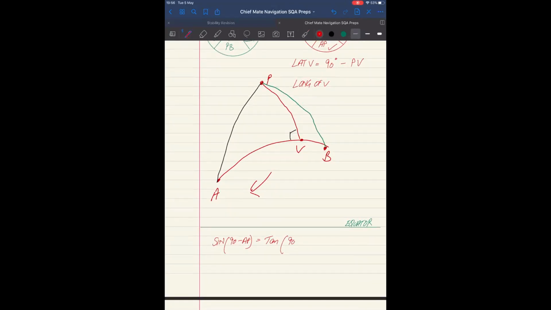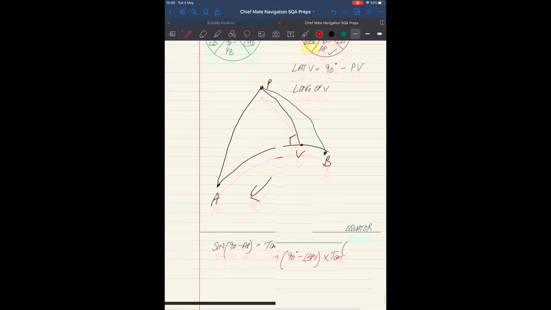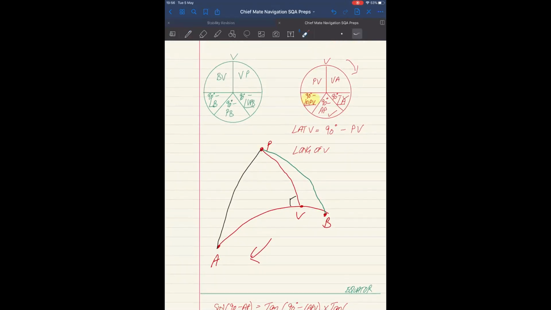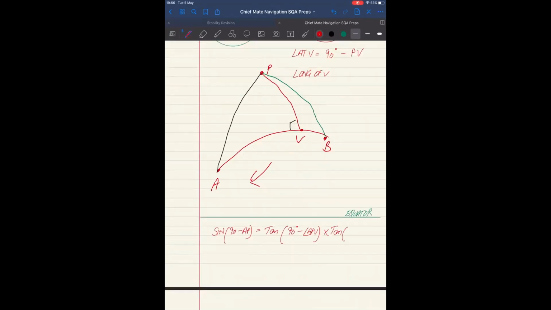Let's say tan of 90 degrees minus angle APV times tan of 90 degrees minus angle A. We were supposed to find out this angle APV. We already know AP and we already know A, which is our initial course.